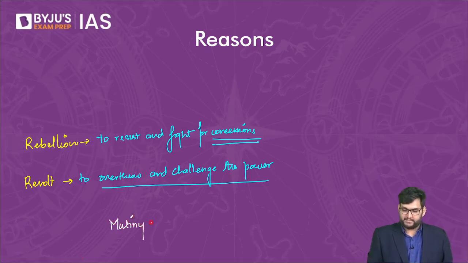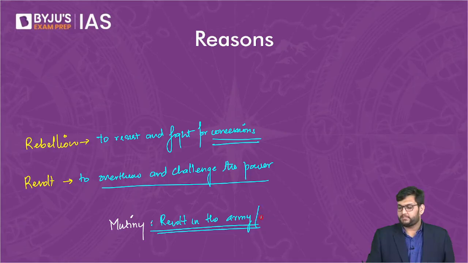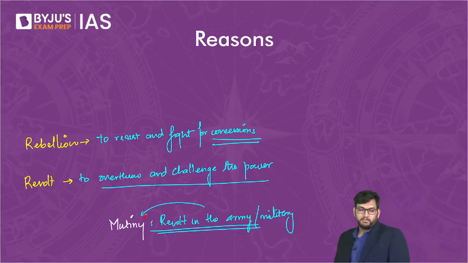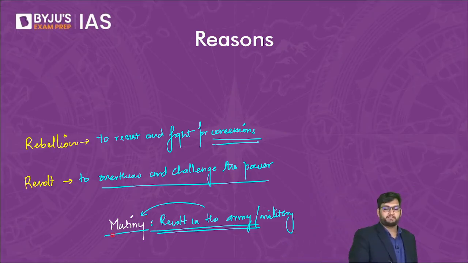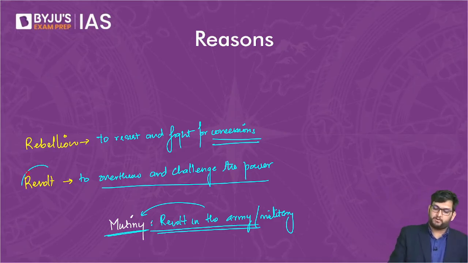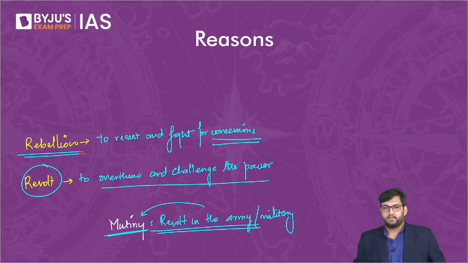Mutiny basically is a revolt in the army. When the army or military revolts, it has been given a specific word, which is called mutiny. Mutiny is a very specific word for military-based resistance or military-based revolt. On the other hand, revolt is to overthrow, rebellion is to get concessions. This is the basic idea you need to have vis-a-vis these words.